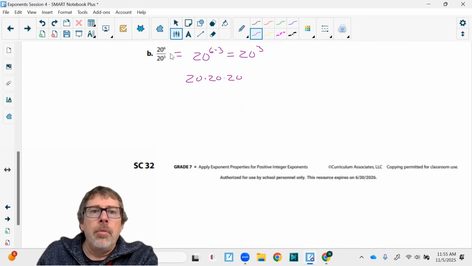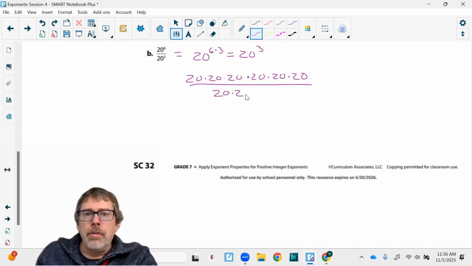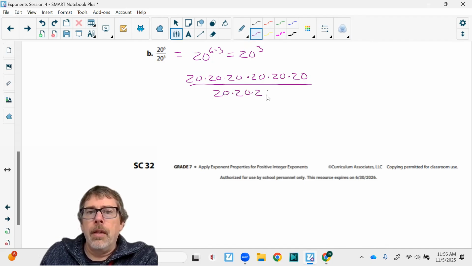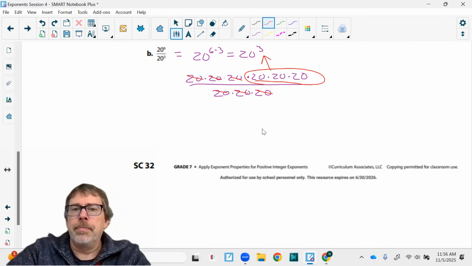But this is 20 to the 6, 1, 2, 3, 4, 5, 6, divided by 20 three times. So this and this cancel. 20 divided by 20 is 1. 20 divided by 20 is 1. And we're left with three 20s.